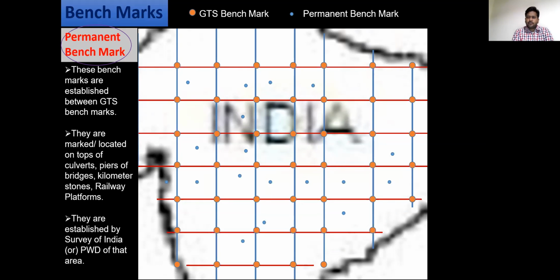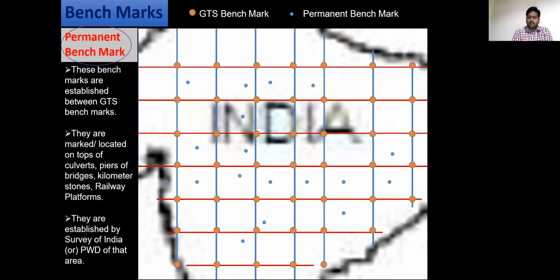If you see any railway platform, we are going to see how much higher or below the mean sea level your railway track or platform is placed.